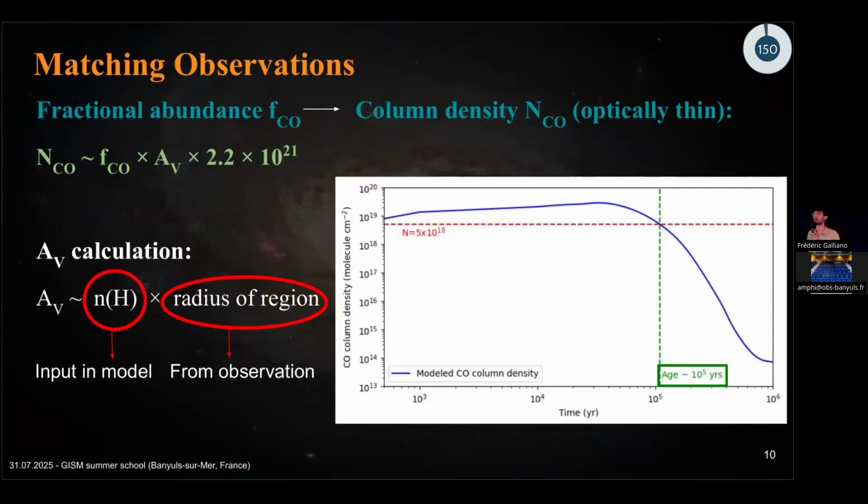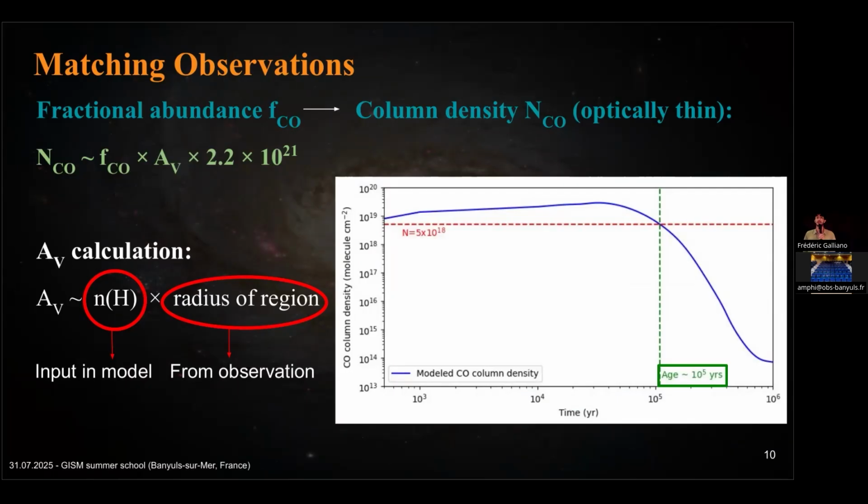And finally, we wanted to match the observations to the chemical model. Since we're in an optically thin environment, we can do the approximation of transforming the fractional abundance, which is the output of the code, into column density. To do so, we multiply this fractional abundance by the AV times 10 to the power 21, which is the conversion in magnitude.